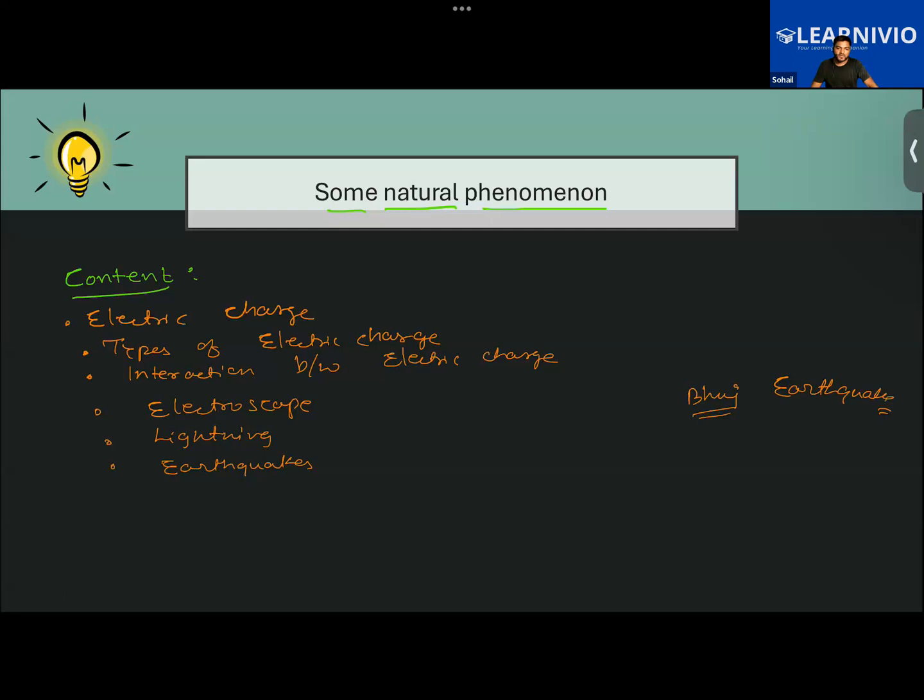Okay, let me give you a recent example. Recently, you would have heard that a year ago there was an earthquake in Turkey. Yes, you guys have heard of that? The earthquake in Turkey claimed lots of lives. There was a huge loss of life and property there.